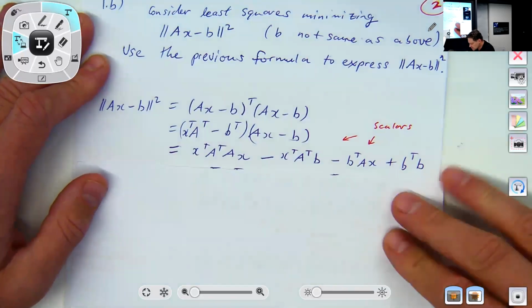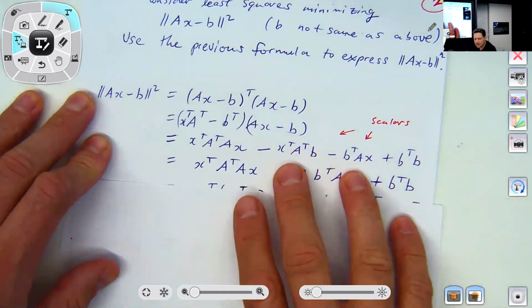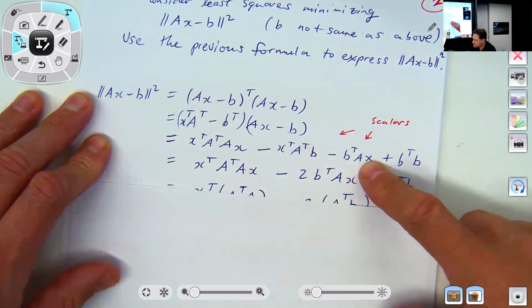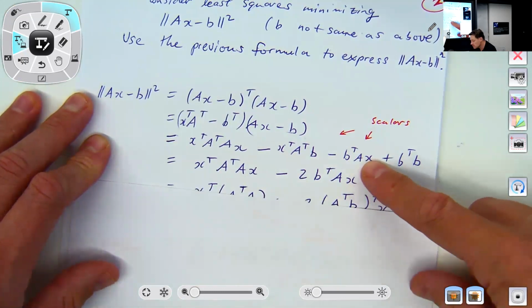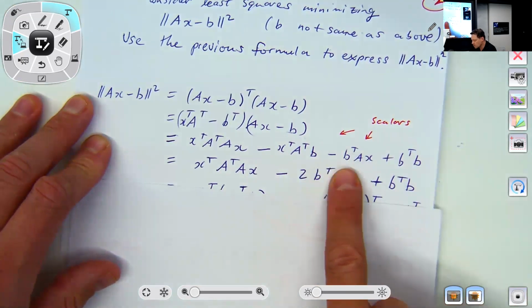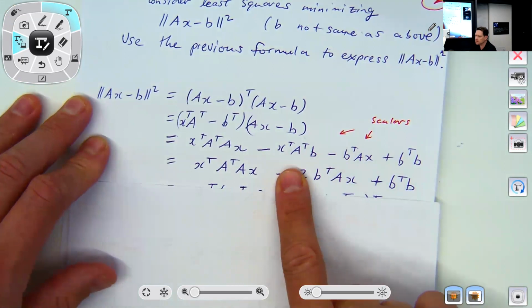Next we note that these two here are scalars, because AX is going to be a column matrix, and we're multiplying it by the row B transpose. So this one's a scalar, and since this is the transpose of this, this is a scalar too, and it's the same scalar.